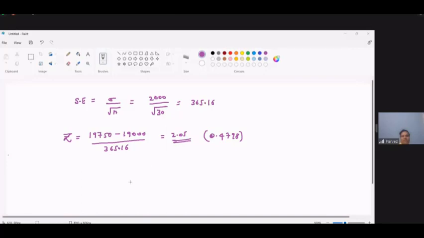Now check in this normal distribution curve. Which side will it come? Positive side. 0.4798. And I said that this half is 0.5 and this half is 0.5.